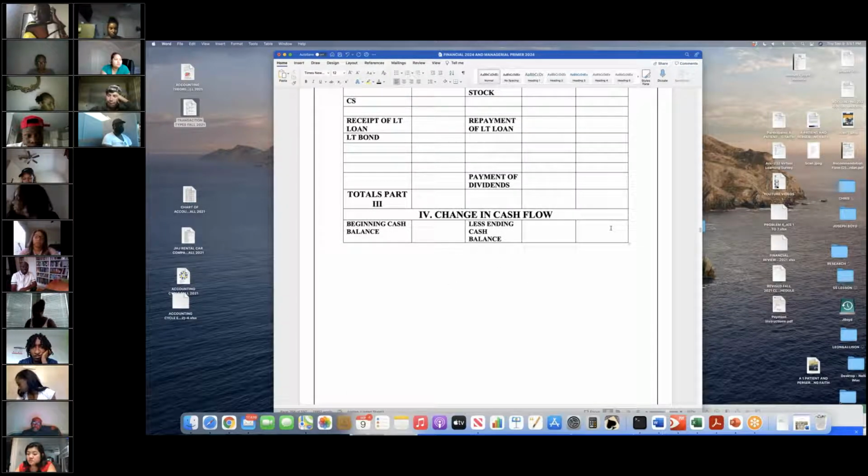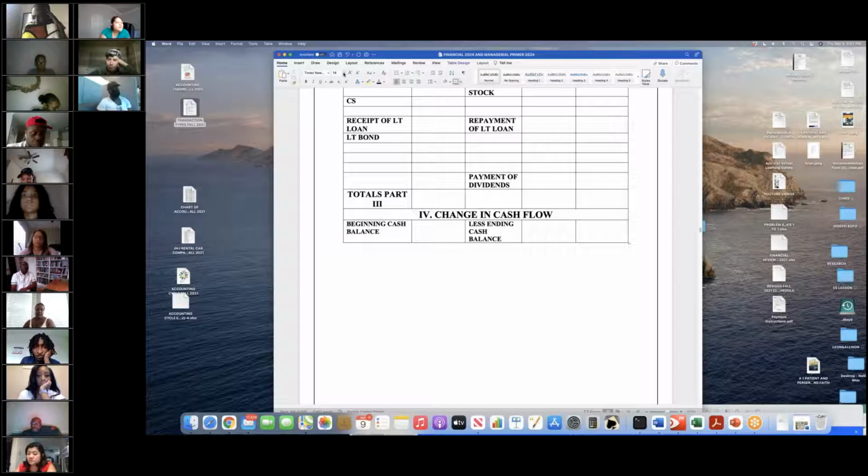So the first thing, when you see these statements, I want you to put the change in cash in. That's the answer to the problem. How much the change in cash was.